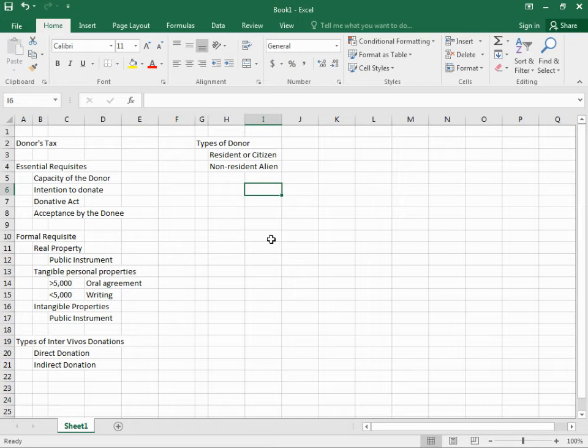Okay? So, do not be confused dun sa tinatawag nating tax credit. Okay? When it comes to reciprocity conditions. Kapag tax credit, ibig sabihin, meron ka ng tax na binayaran sa ibang bansa for that property. Okay?